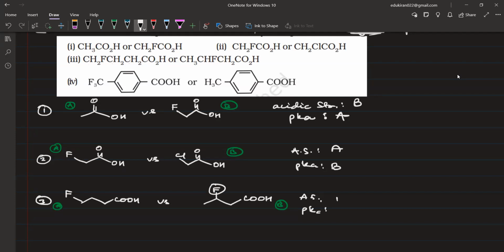So acidic strength is of B. pKa किसका होगा? A. Now tell me for the fourth one. A would be having more acidic strength, and pKa value would be for B.